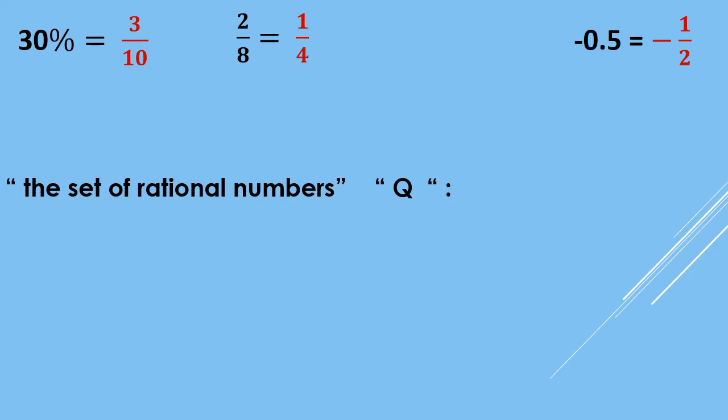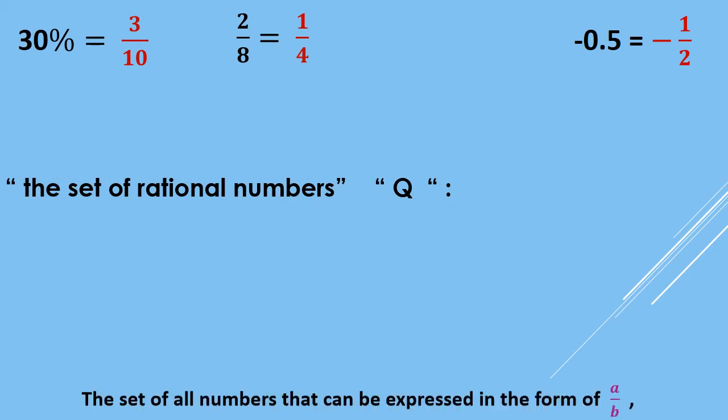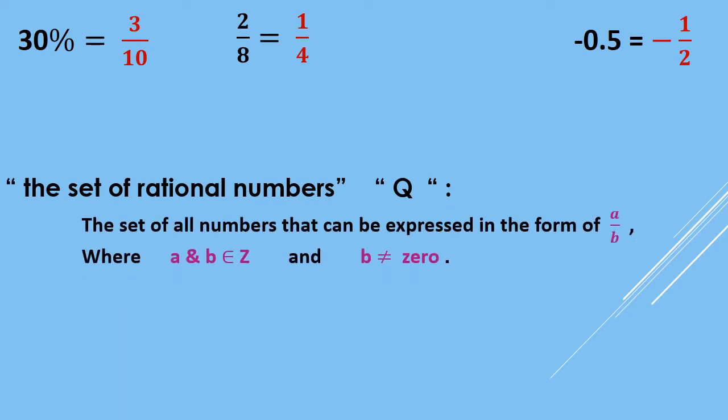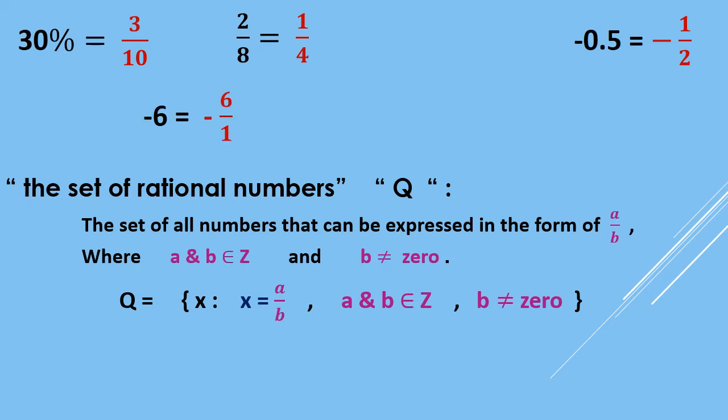So now the set of rational numbers Q equals the set of all numbers that can be expressed in the form of A over B, where A and B belong to Z and B doesn't equal 0. Q equals X, where X equals A over B and A and B belong to Z, B doesn't equal 0.